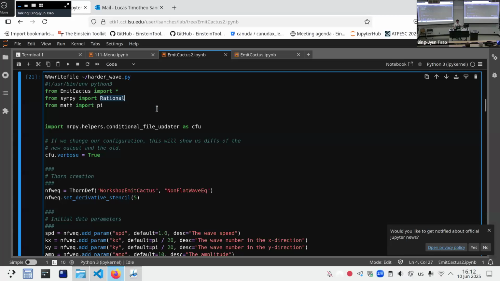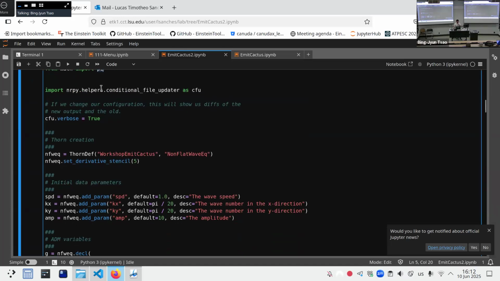It just prevents fractions from being emitted as floating point numbers. So for instance, if you write Rational(1, 3), you're going to get C code that looks like 1 over 3, not 0.333333 or something like that. And from math, I am importing pi because we're going to use pi for our initial condition.